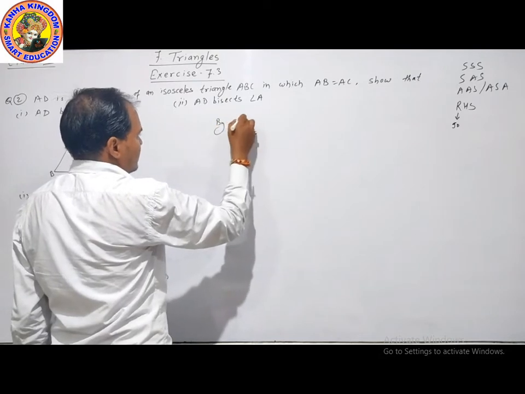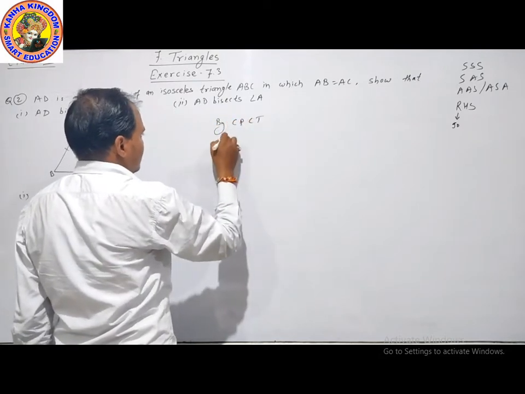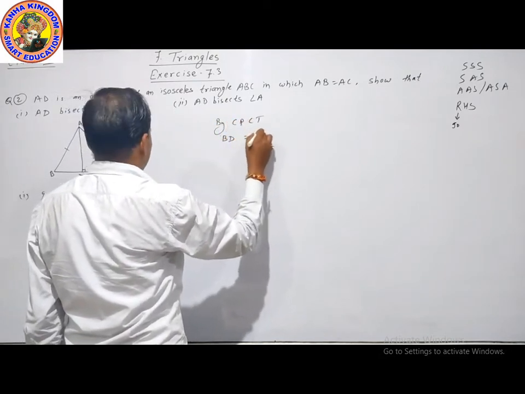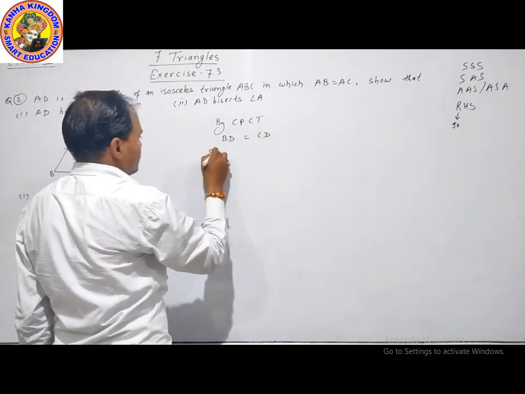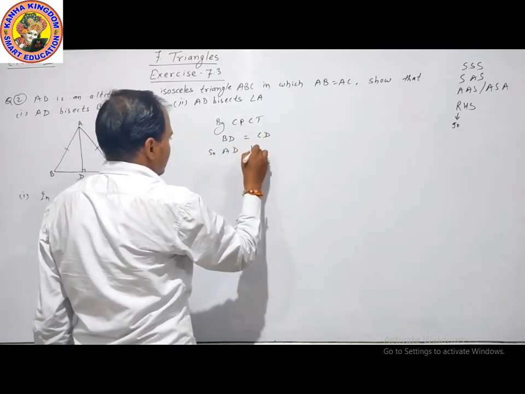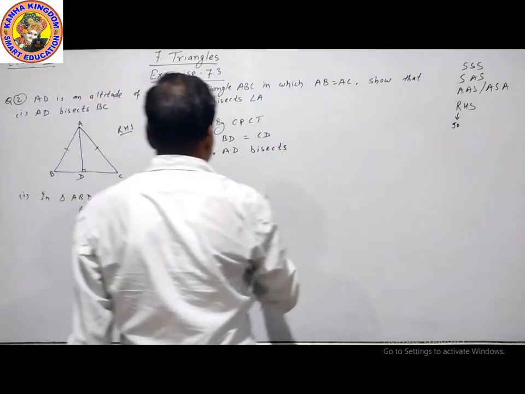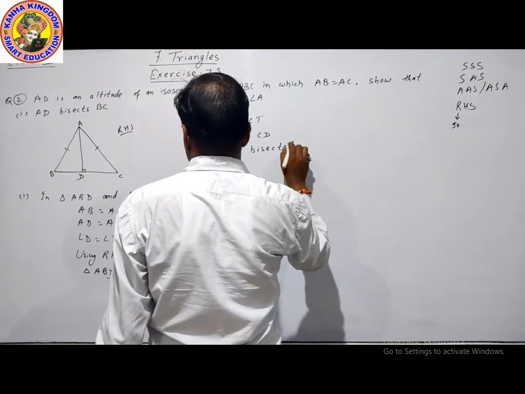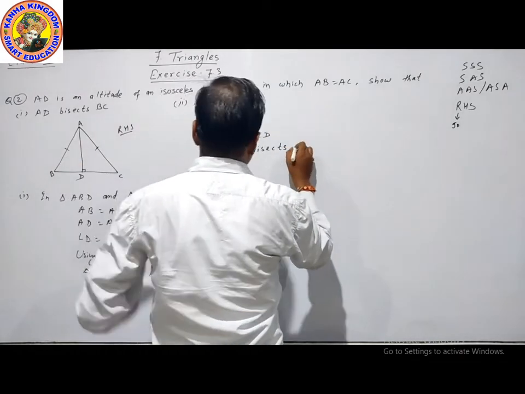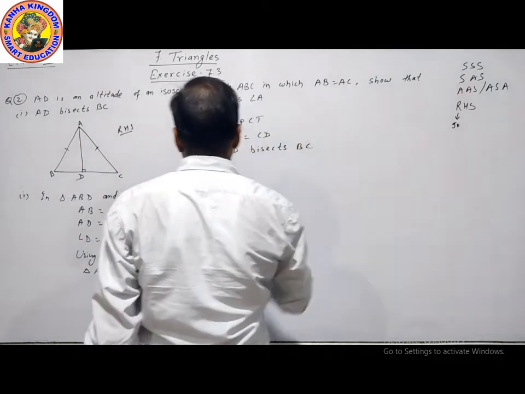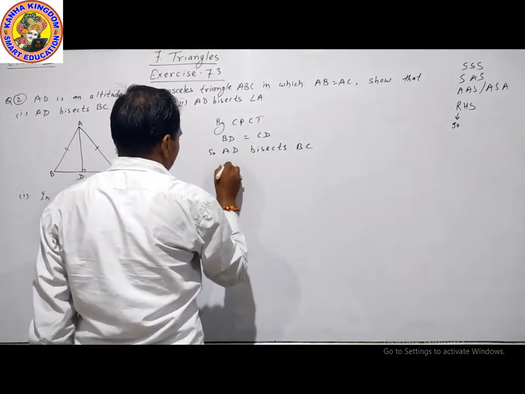By CPCT, BD is equal to CD. So AD bisects BC. This is our first answer.